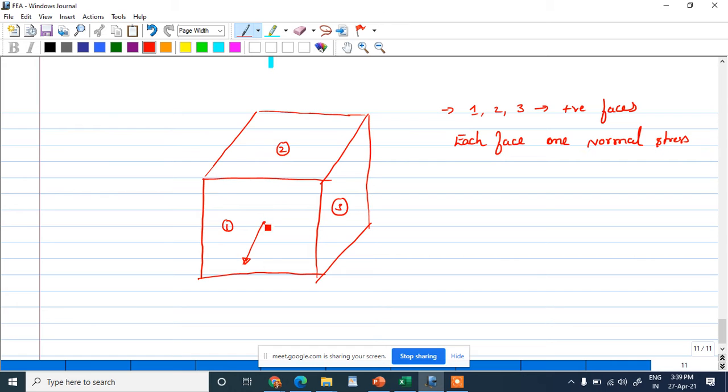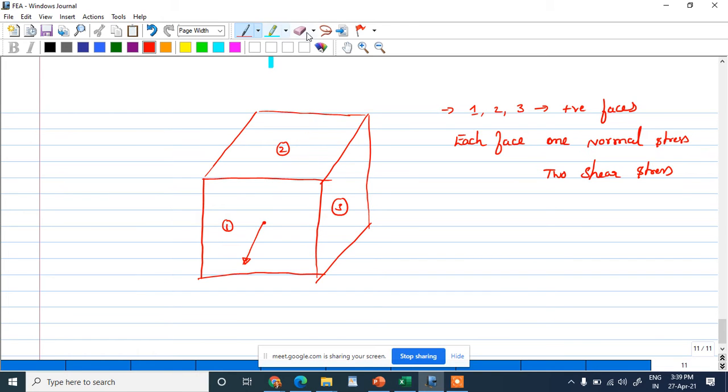This particular stress we call a normal stress. And we have 2 shear stresses. Shear stress will be parallel to that particular plane. As I said, we are looking at the 3 faces, the positive faces, which are represented by solid lines.